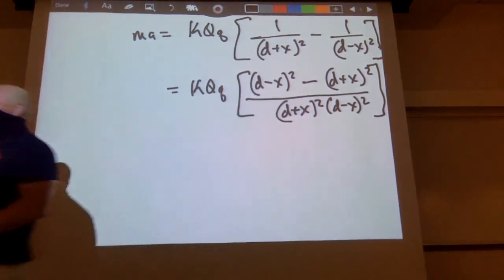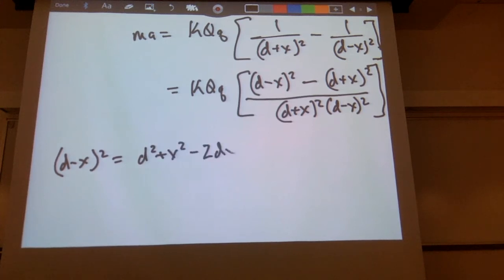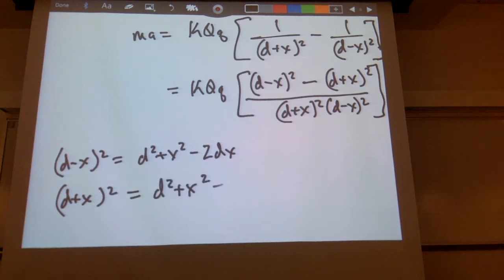So now let's square these two terms out. I'm going to do that over here. So if I do D minus X quantity squared, that's the same thing then as what? D squared plus X squared minus 2 times D times X. And then D plus X squared is equal to D squared plus X squared plus 2dx.